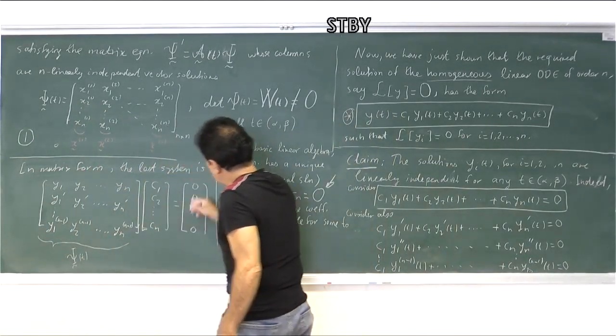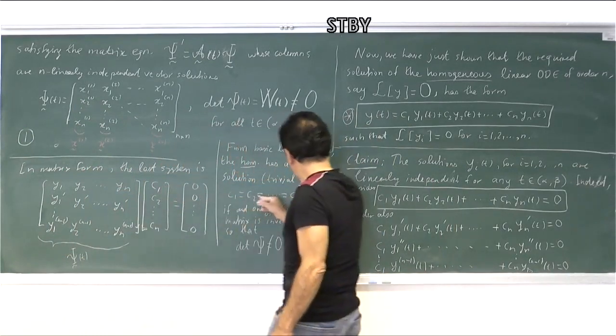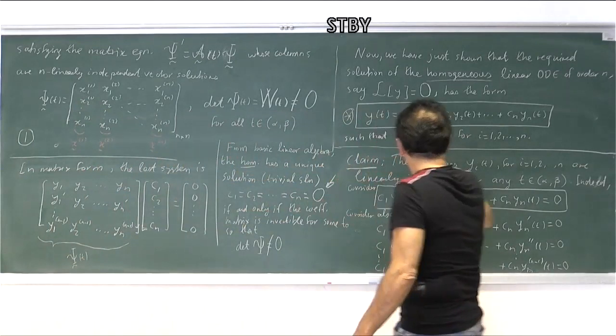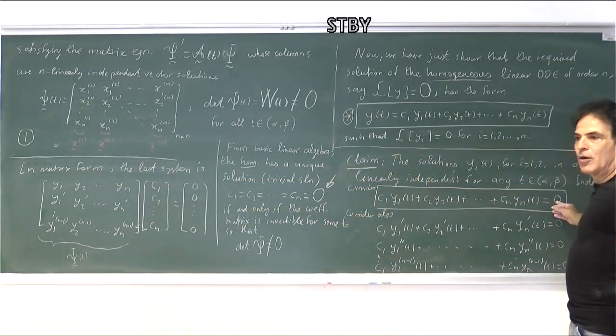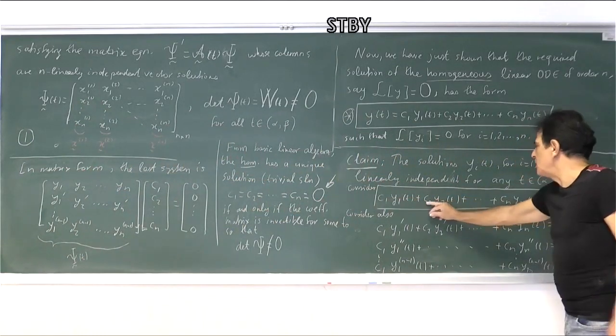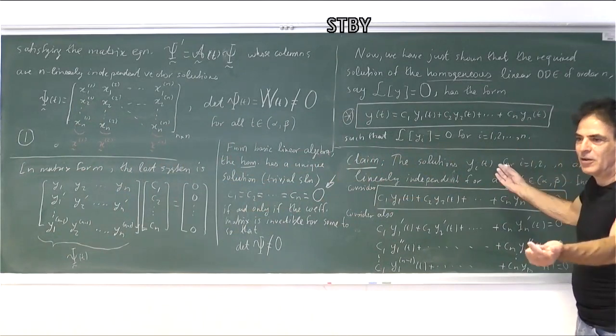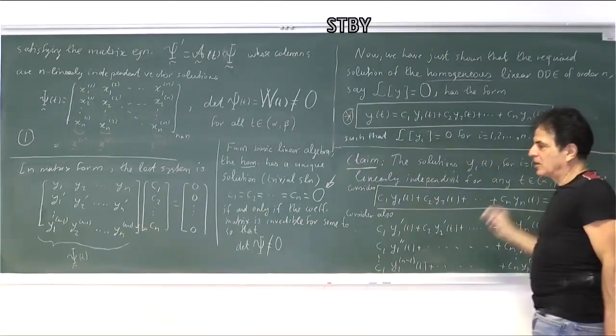So such a homogeneous algebraic system has a unique solution, which is the trivial solution. So by the definition, this combination is zero only when all coefficients C1, C2, Cn are zero, implying the linear independence of these functions. Okay?